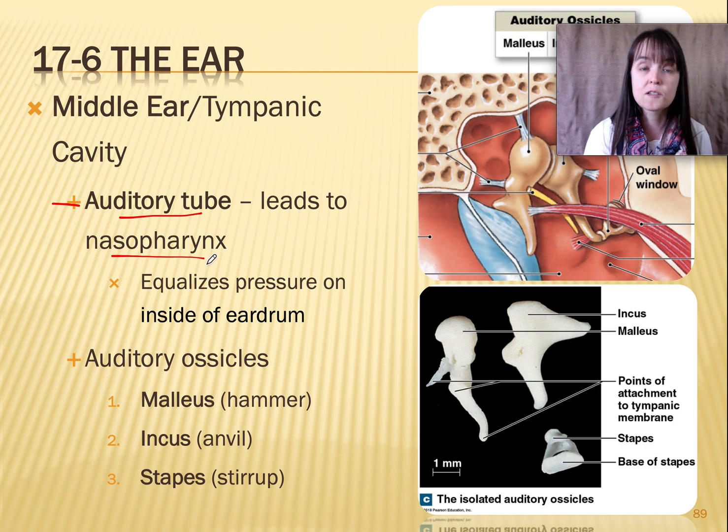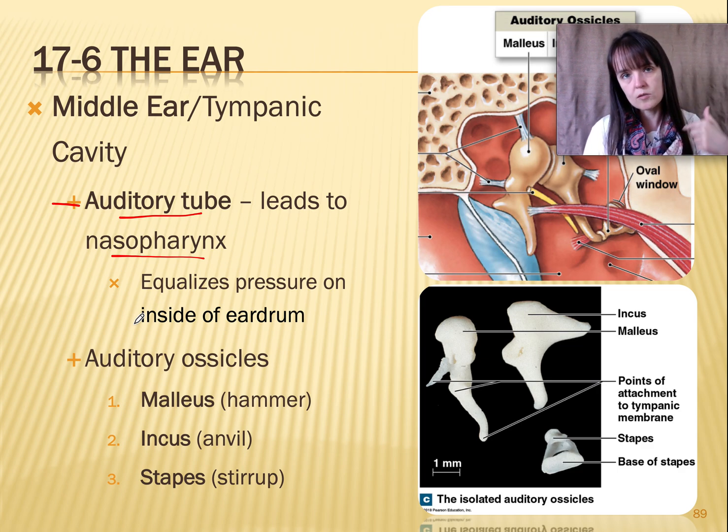The nasopharynx is the back of the throat behind the two nasal cavities. And it equalizes pressure on the two sides of the eardrum. So that's why when you're going up in an airplane, you have to pop your nose, hold your nostrils and blow, or chew gum, or eat something, drink something, swallow your soda or what have you.